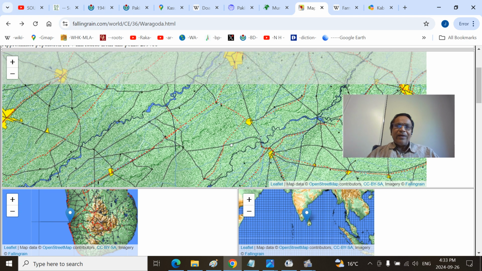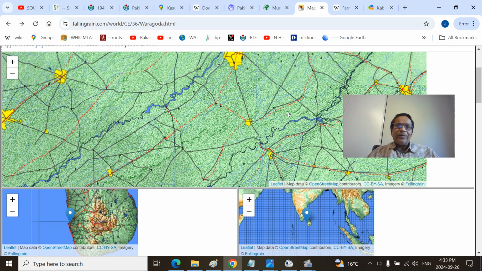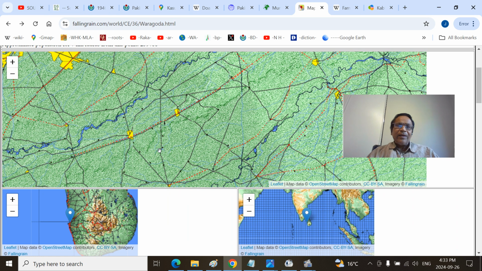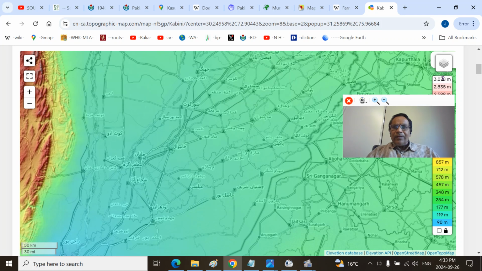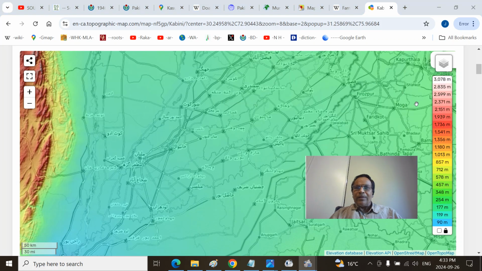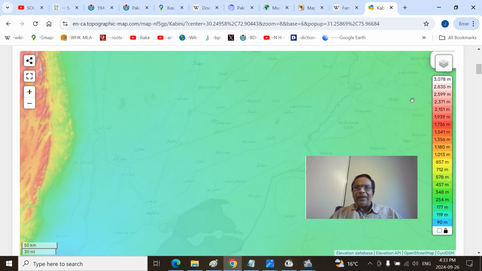I can see here, this is the Kasur town. Yes, this is the old Bias bet. You can see this old Bias bet, somewhat less clearly.